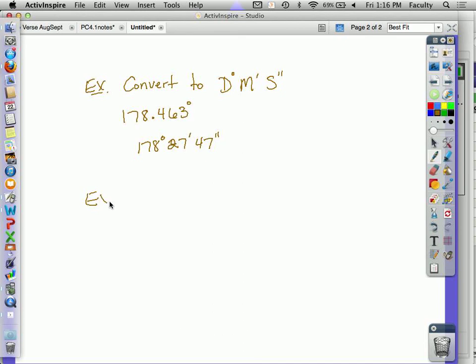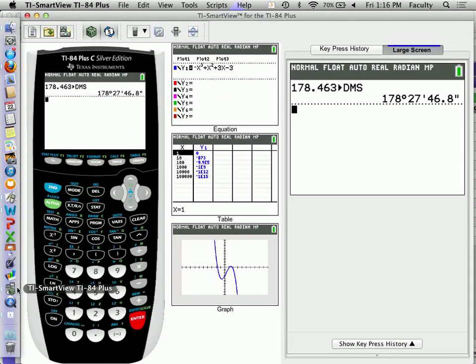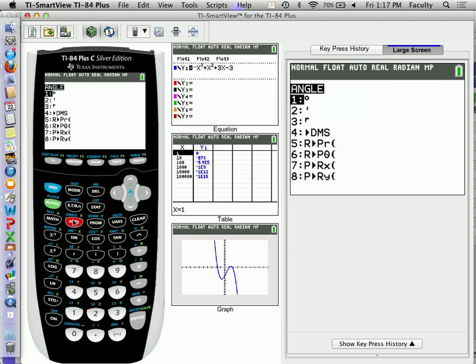Then going the other way, if you want to convert to a decimal, and I give you 72 degrees, 15 minutes, and let's do 32 seconds. Let me show you how you do this. You guys ready? So you're going to type in 72, and then if you do second angle, there's the degree and the minute.